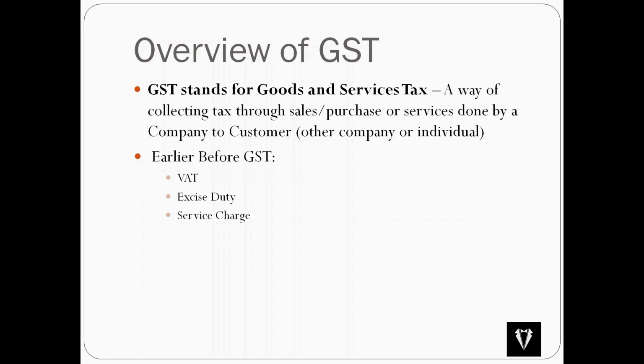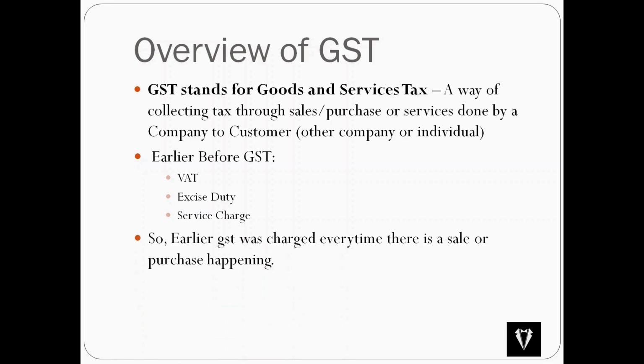So earlier how it was done is, in any kind of sale or purchase, there was a tax collection from, let's say, A to B. A is a company, B is another company, and C is a customer. From A to B, there was a sale or purchase. Then B to C, there was a sale or purchase. So for every mode of transport, every service or sale, there was some tax collected. But there was no system to get that previous tax incorporated again.